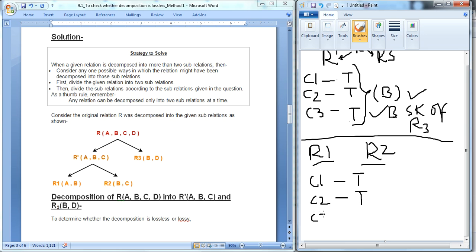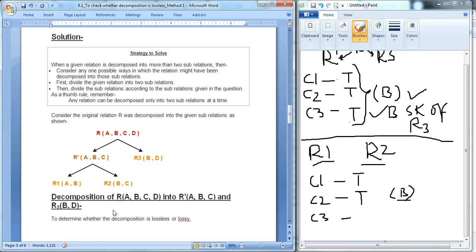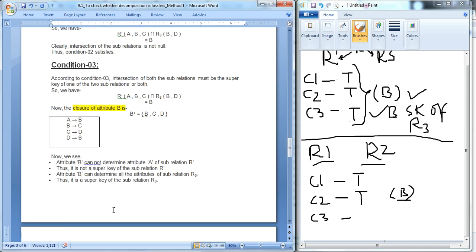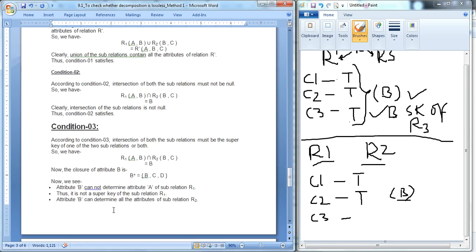Now condition 3: the third condition says that the value found in condition 2 is the super key of one of the relations, that is R1, R2 or both, right? Now we will again verify whether the particular B is a super key of R1 or R2.